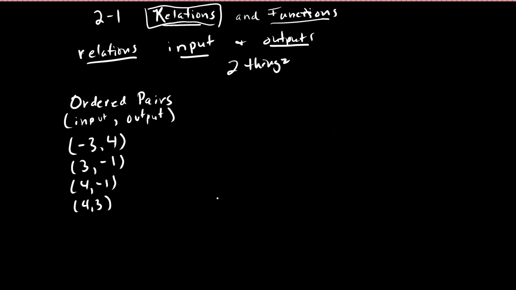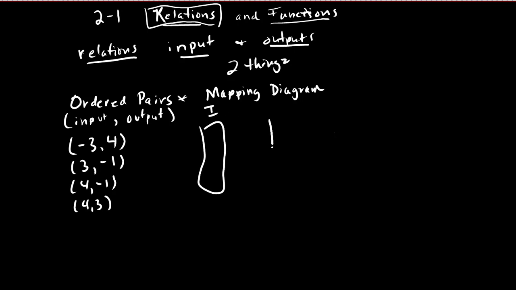The second way that we can represent these is through a mapping diagram. Same thing. We're going to represent an input value and an output value. This side represents the input and this side represents the output.